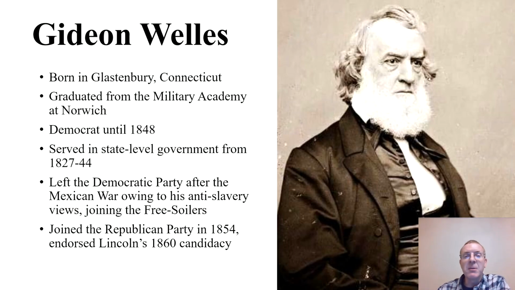He does leave the Democratic Party because of the Mexican War. And so the Mexican War was very much supported by the Democratic Party and seen as a pro-slavery war. Well, Welles is very anti-slavery, and that's why he joined the Free Soilers after the Mexican War.